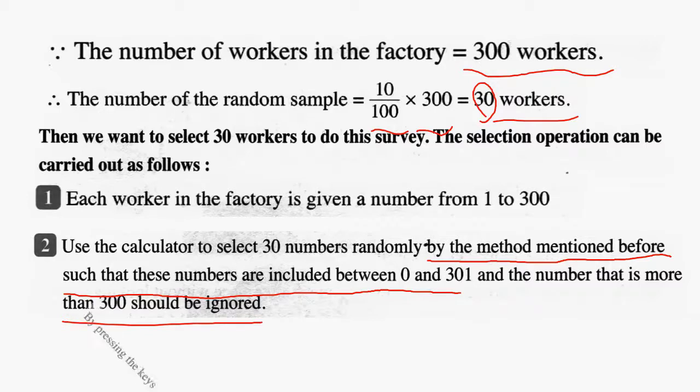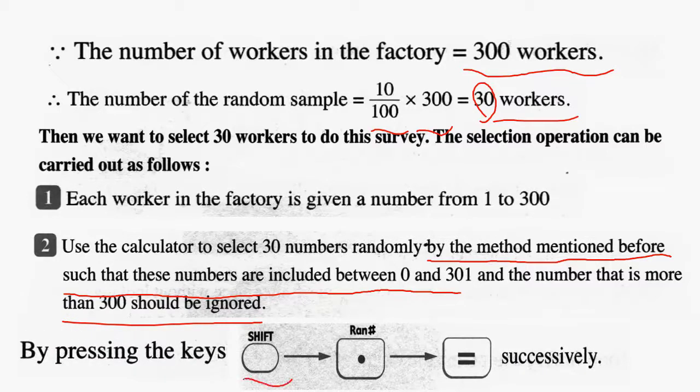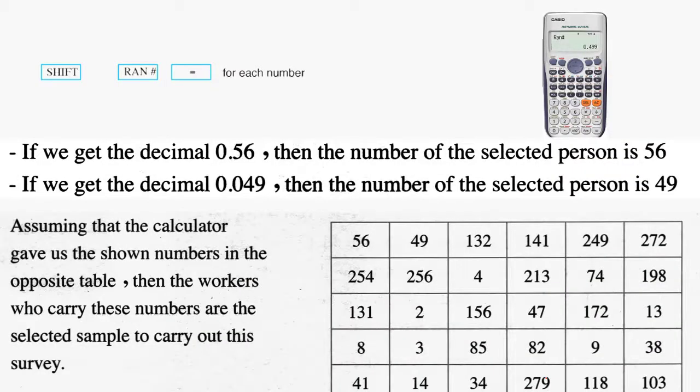Let's start by pressing the keys Shift, dot, and equal successively. We will get random numbers in the form of decimals.